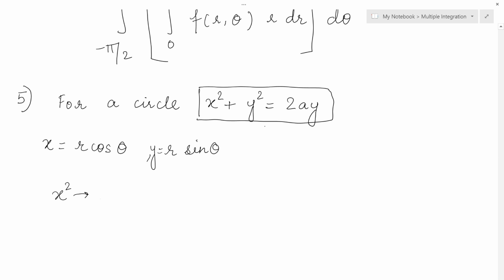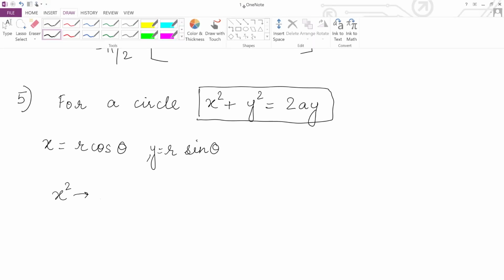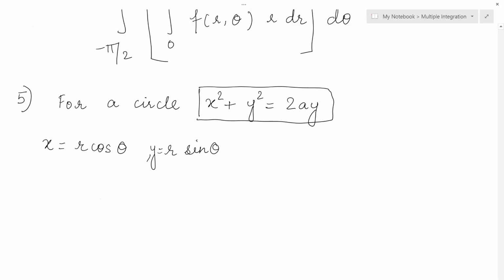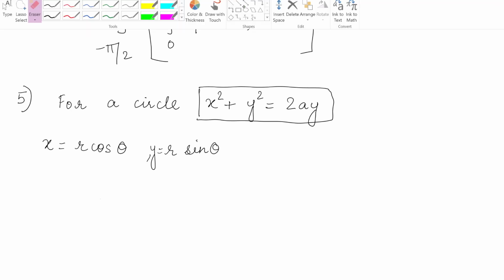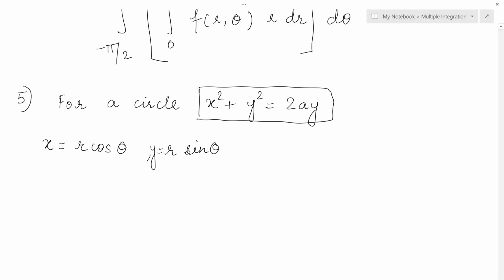So my original curve, that is x square plus y square is equal to 2ay, will become r square cos square theta plus r square sin square theta, and it is 2a r sin theta, same as we did in the earlier topic.